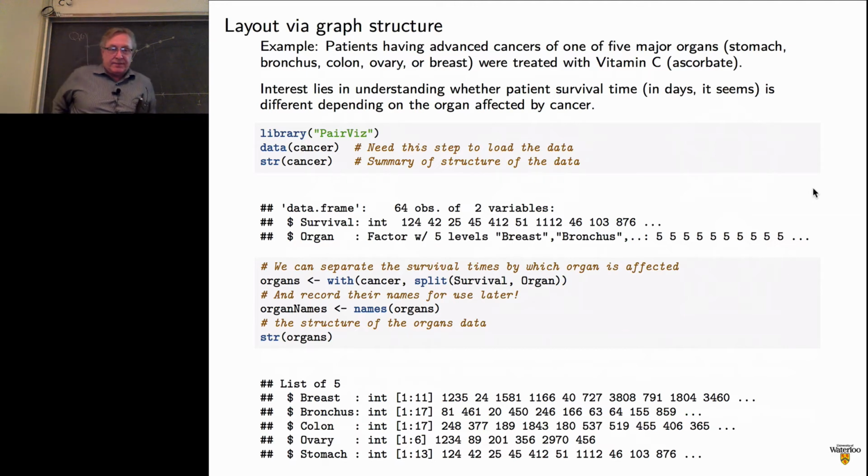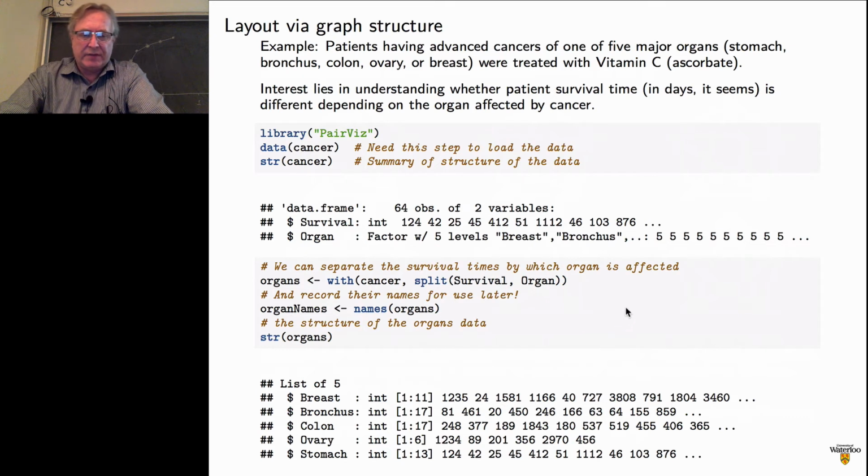Right, so we're going to use now stuff that does this for you in a package called Pairviz for Pairwise Visualization. And the data that I'm going to look at is survival time from various sorts of cancers in different organs. Survival times, I believe, in days of individuals who have cancer in particular organs. And there's only 5 organs that are in the data set: breast, bronchus, colon, ovary, stomach.